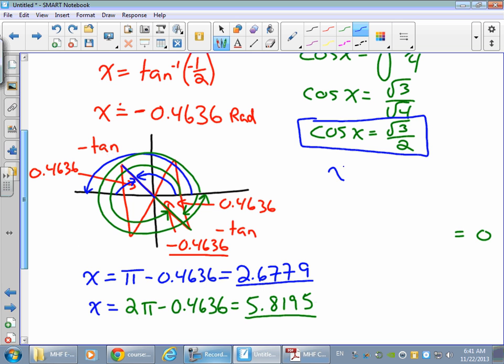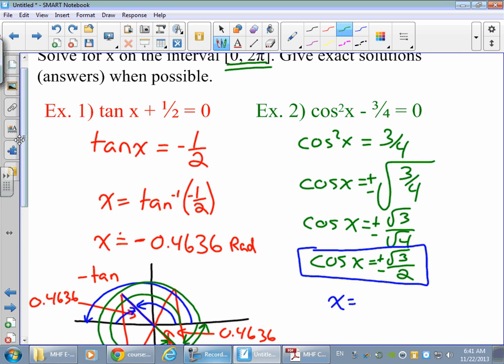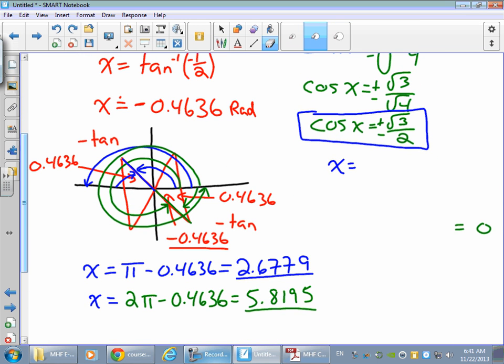So what that means is to get cos x being negative... sorry. I should be careful. When I take the square root of both sides here, I get positive and negative answers. And so I don't discount those.